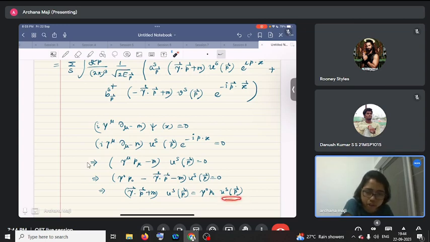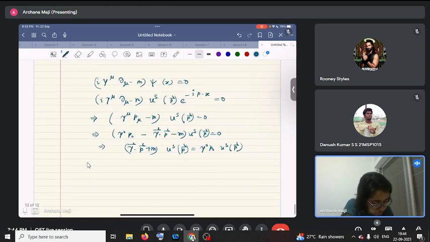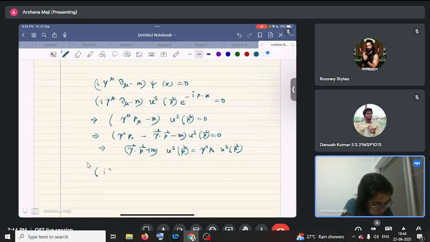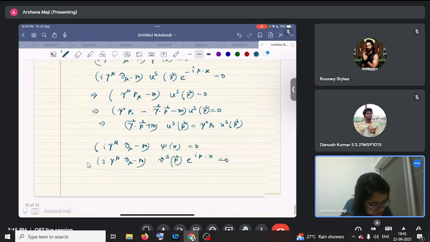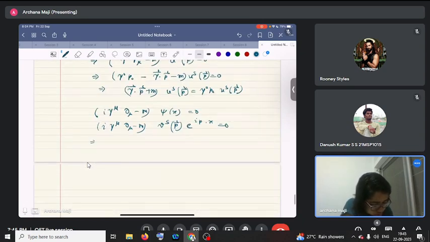Okay. Likewise, for the negative frequency solution, which is v exponential i p dot x, we get minus gamma mu p mu minus m.